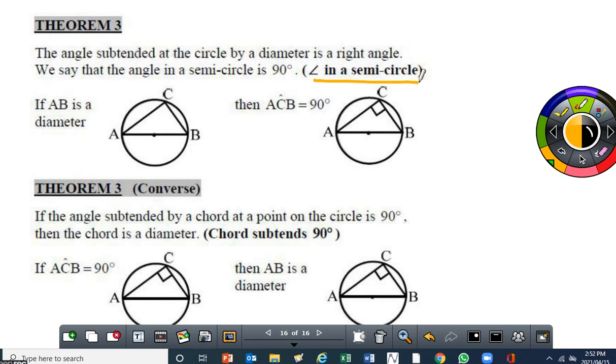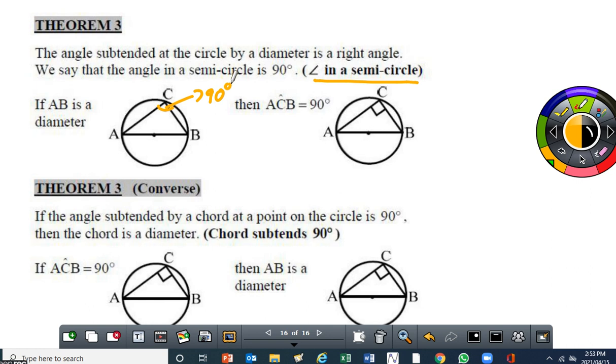Here, in the first circle, AB is the diameter, and we have angle C here. This angle is going to be equal to 90 degrees, because it is subtended by AB. And it comes from Theorem 2. How does it come from Theorem 2?